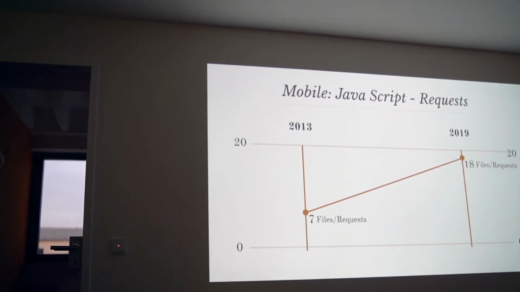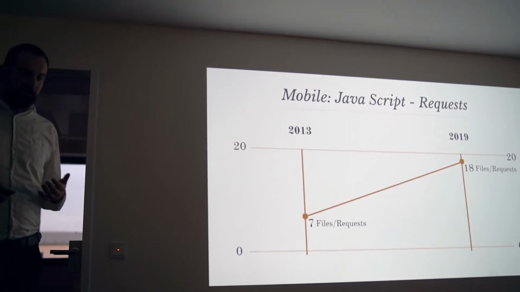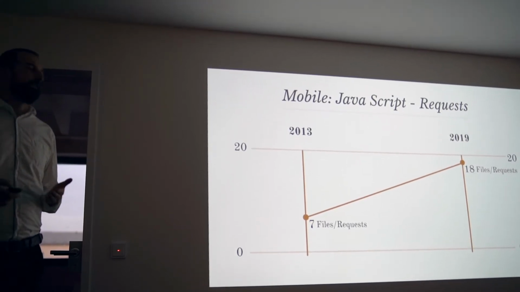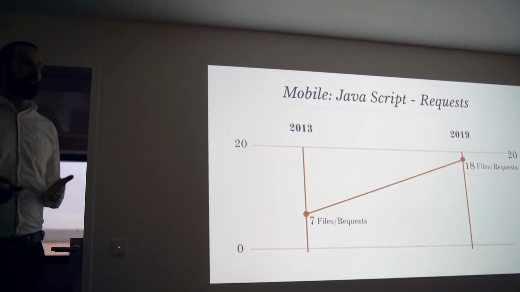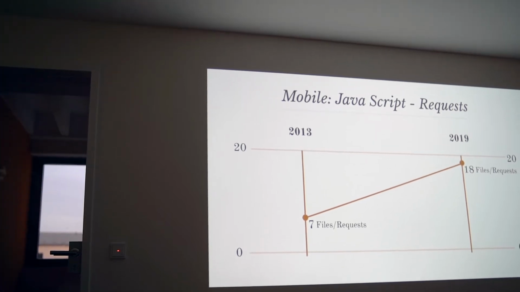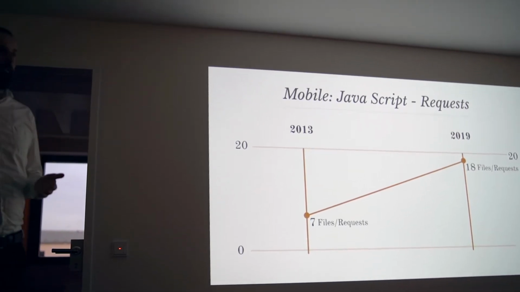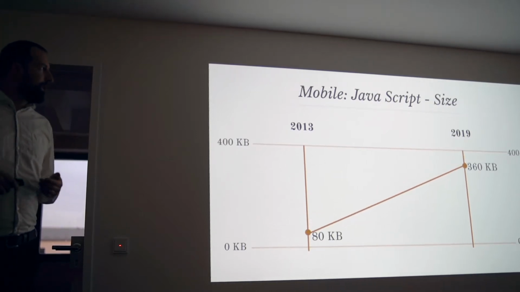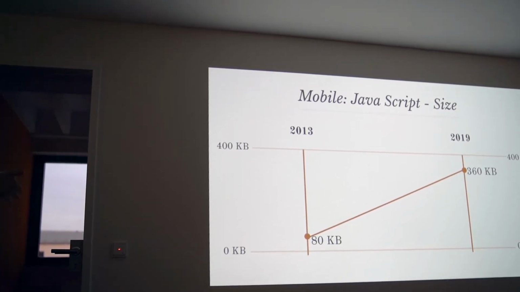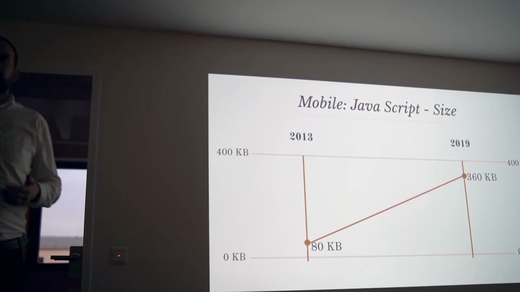There are some other trends that show how JavaScript requests have changed. We can see that we had seven JavaScript files in 2013, but in 2019 we have 18 files on the website. When we look at JavaScript size, we see that it has grown from 80 kilobytes to 360 kilobytes.